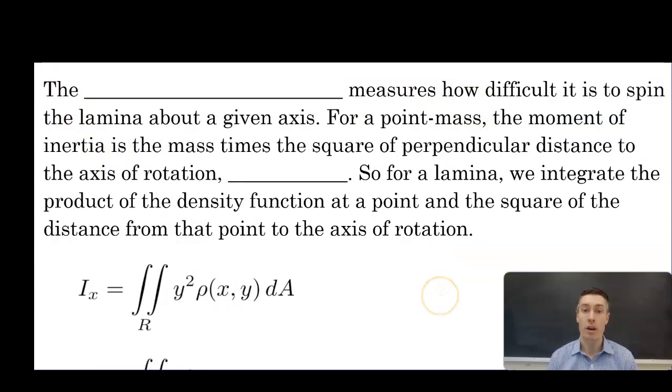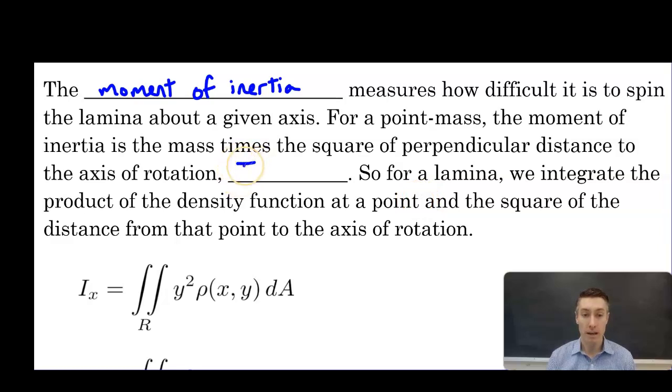Now let's continue our discussion talking about moments of inertia. So the moment of inertia measures how difficult it is to spin the lamina about a given axis. For a point mass, the moment of inertia is the mass times the square of the perpendicular distance to the axis of rotation.